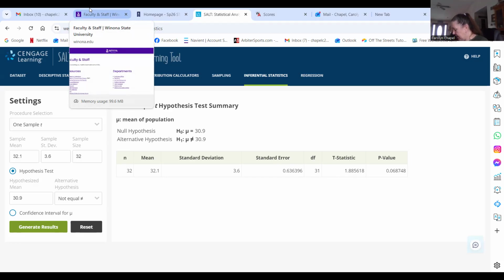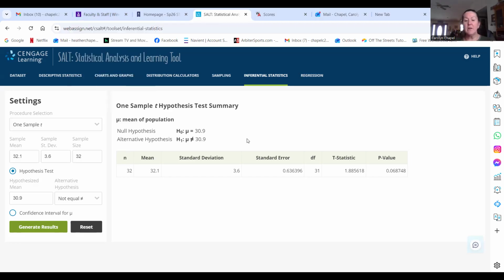And my p-value for that value is 0.068748. Not that we need all of the digits, but I'm writing them down so that if you do this problem later, you can compare what you get to what we had this time.